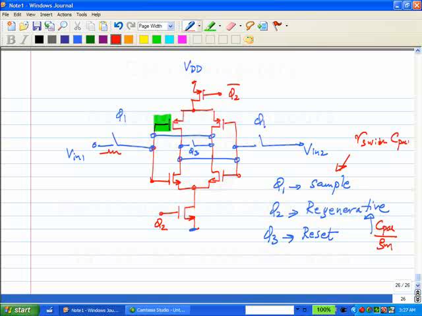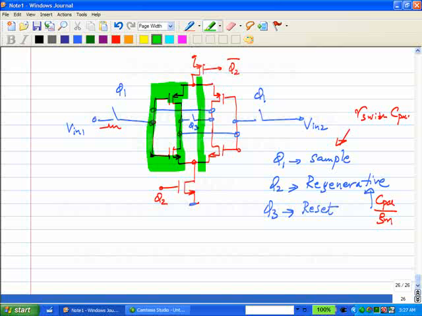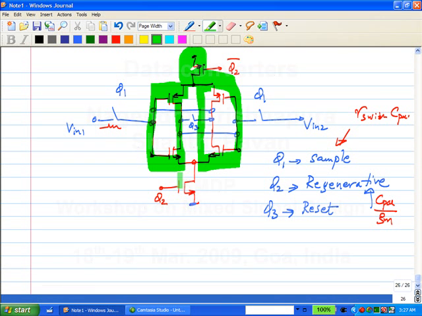Understand? Of course, if you look at it now, you can think of it also in the following way. What is this? It's a CMOS inverter, right? Or at least it looks like one. This is also a CMOS inverter. And not only that, the supplies and the ground of these two inverters can be disabled by turning on those switches.